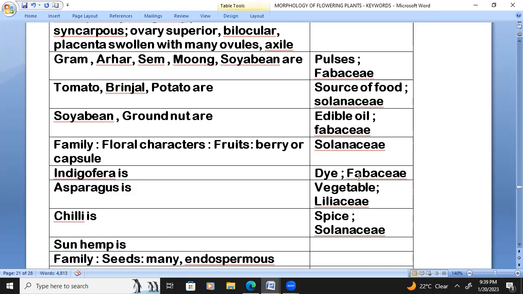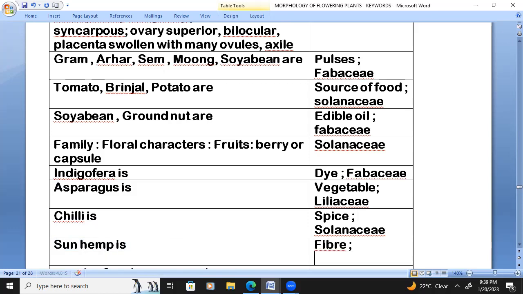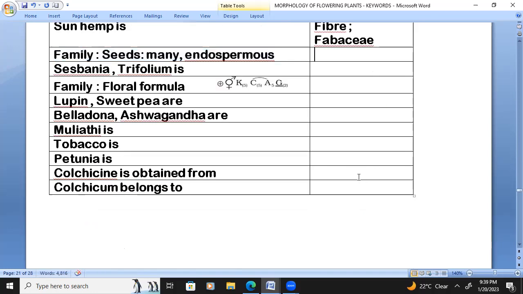Sun hemp is a fibre, belongs to Fabaceae. Seeds many, endospermous, Solanaceae. Sesbania and Trifolium are fodder, Fabaceae.